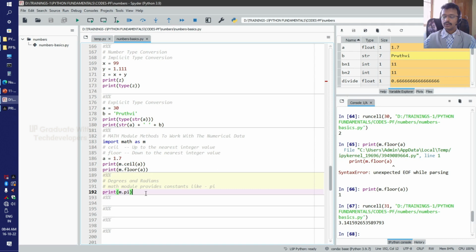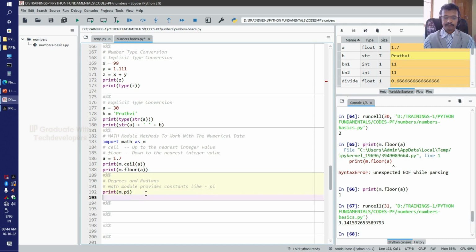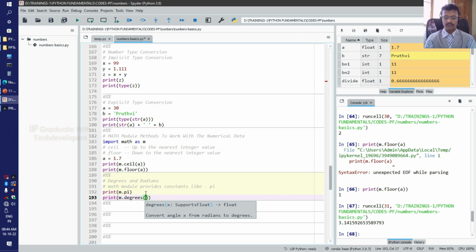We can convert this radian into a degree using the degrees function. M dot degrees, and then inside the constant, that is m dot pi.